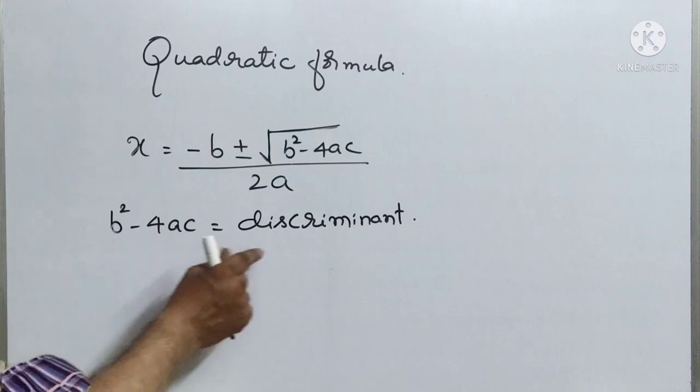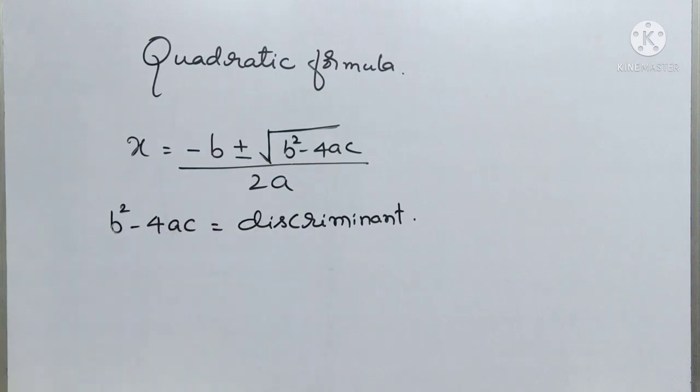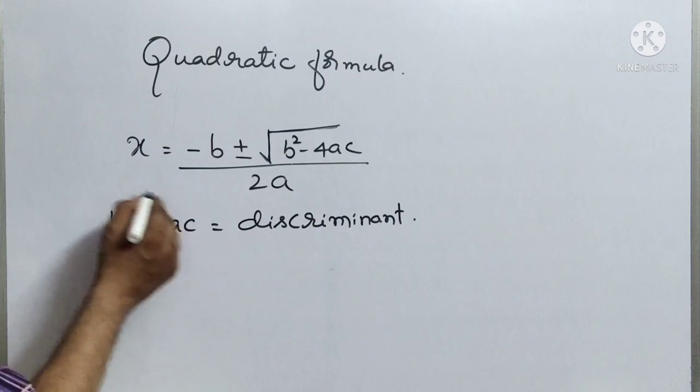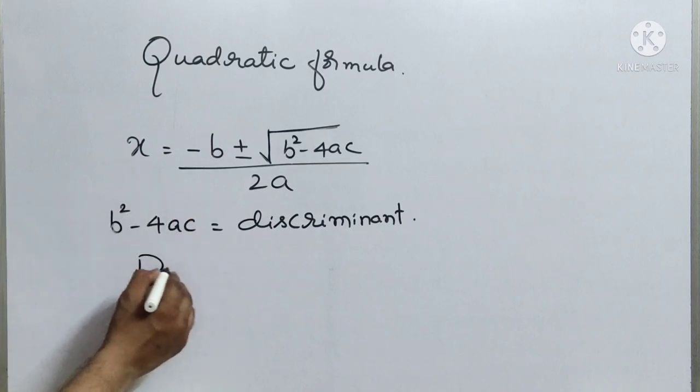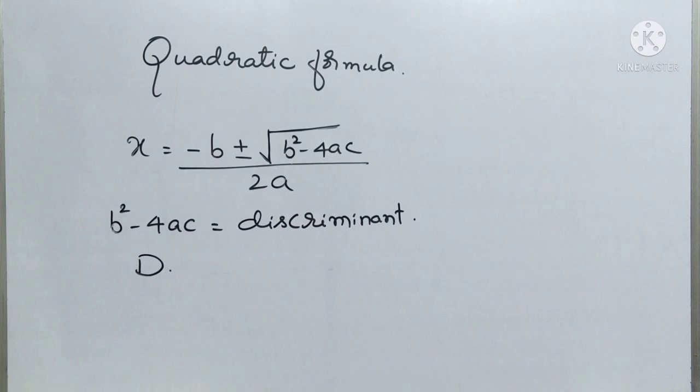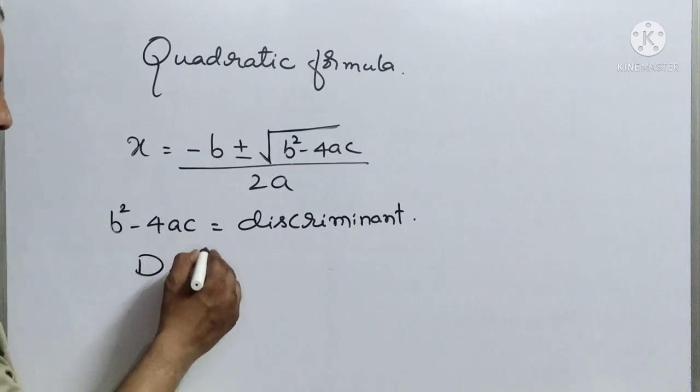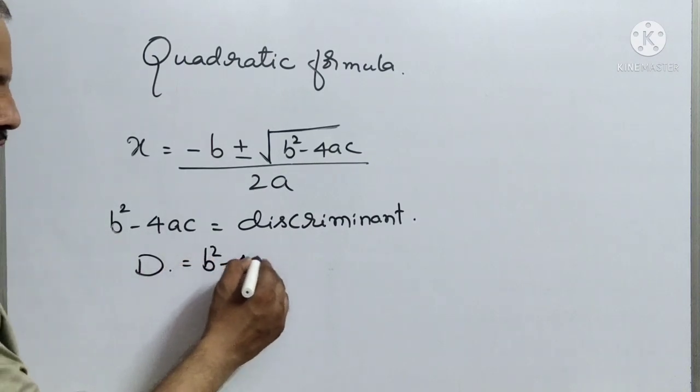The discriminant is indicated with the capital letter D. That means capital D is nothing but b square minus 4ac.